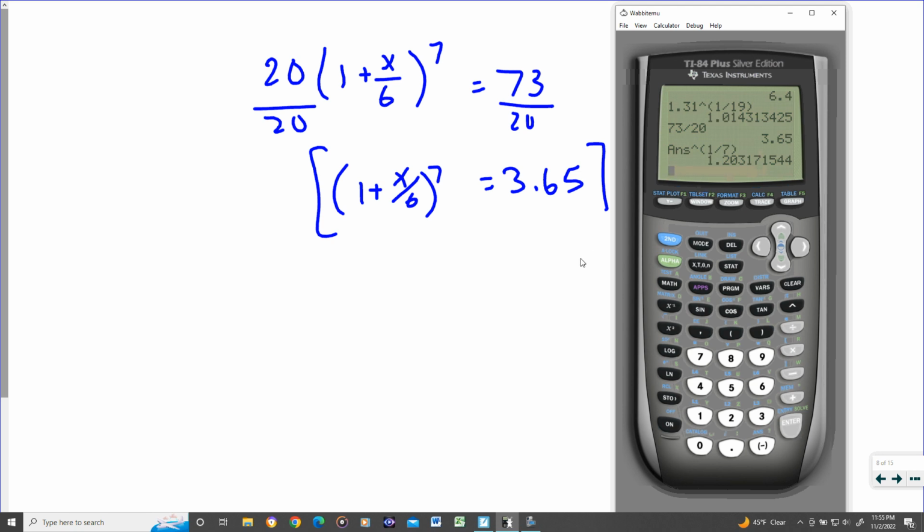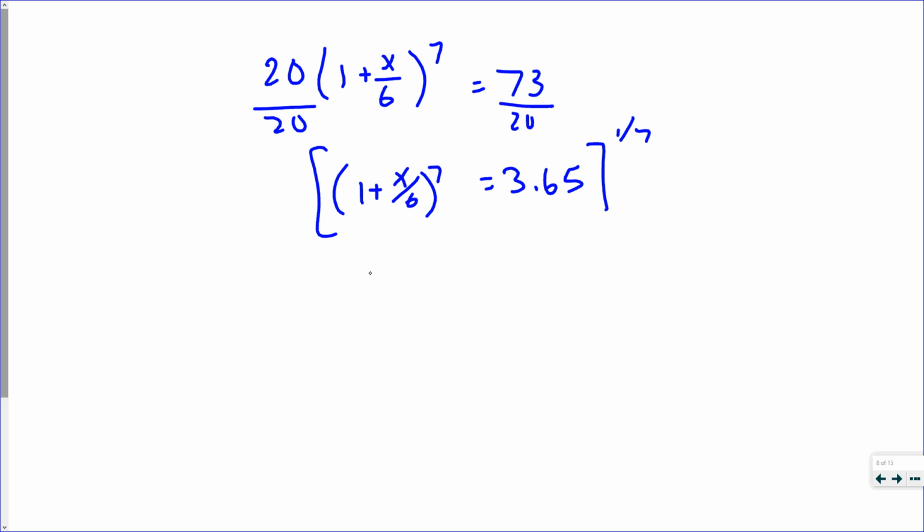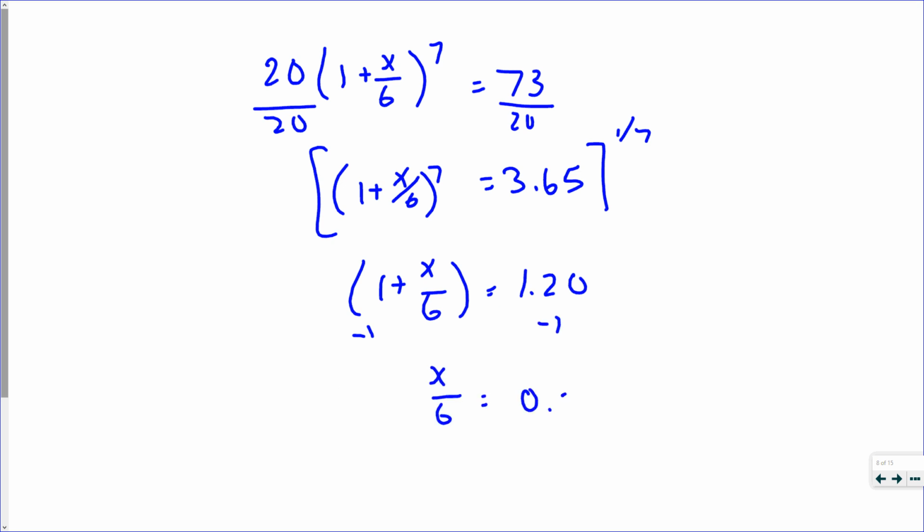You can round it however you want. Let's do 1.20, just for our sake here. So 1 plus x over 6 equals 1.20. Subtract the 1. x over 6 equals 0.20. Multiply by 6, and you get x equals, oh, look at that, 1.20.